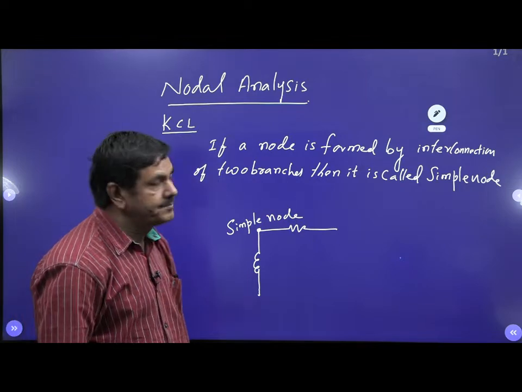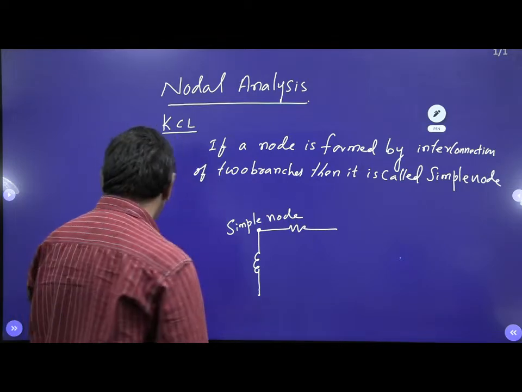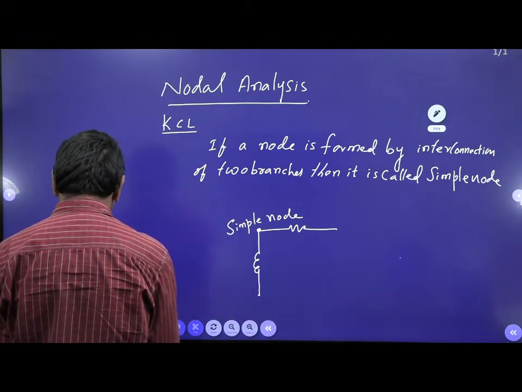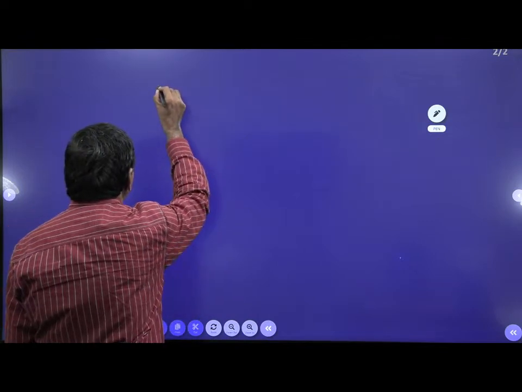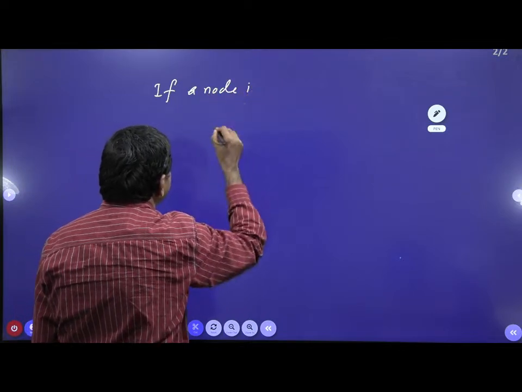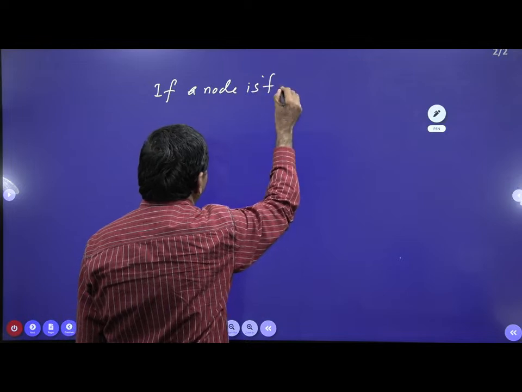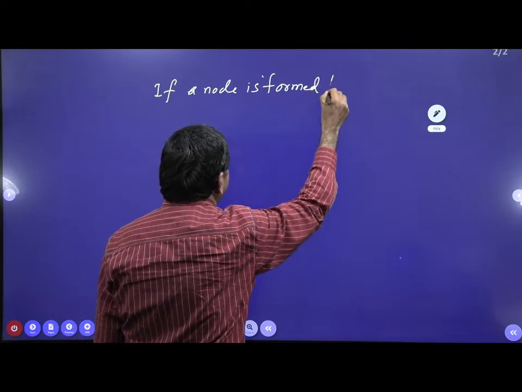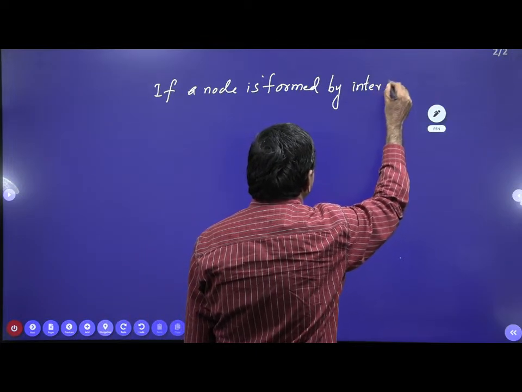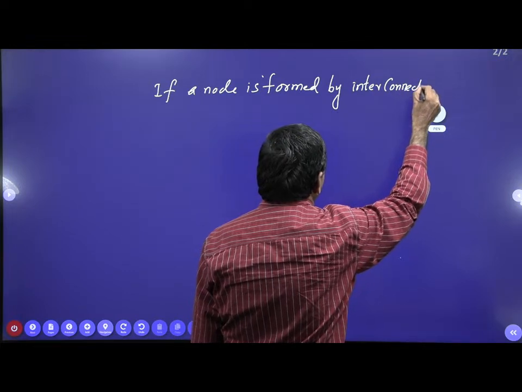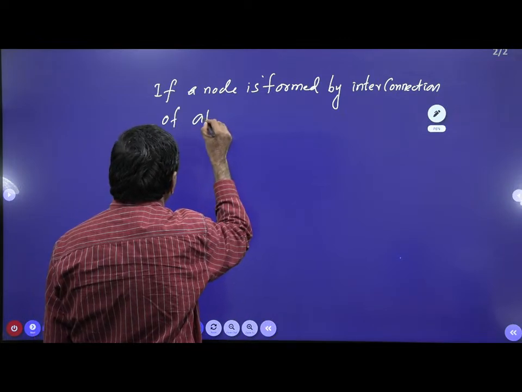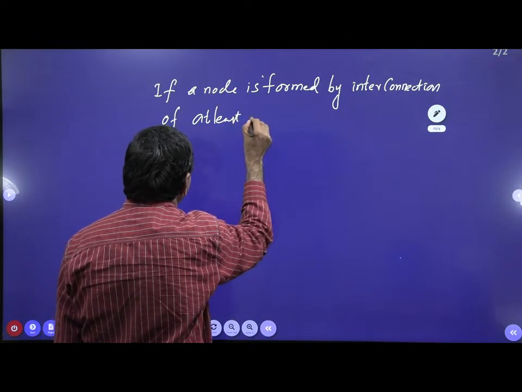But what about a principal node? Principal node means I can say like this: if a node is formed by interconnection of at least three branches, it is very important, at least three branches.